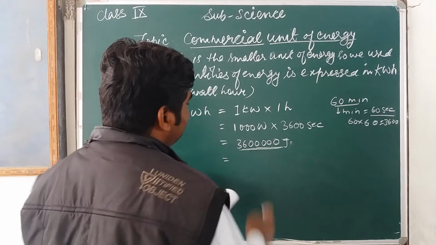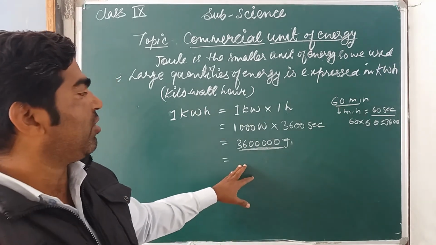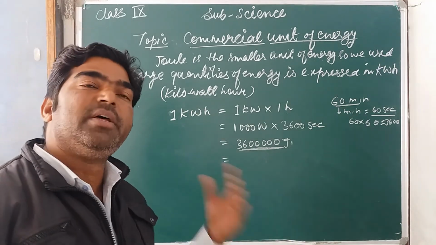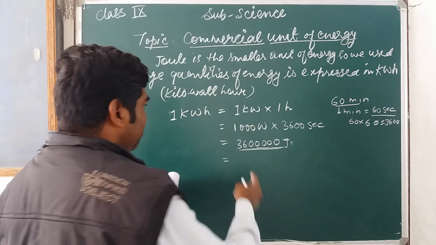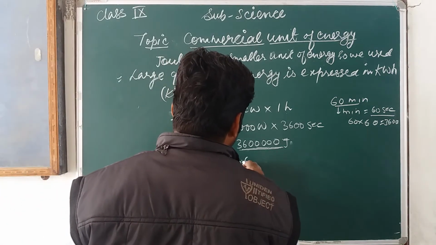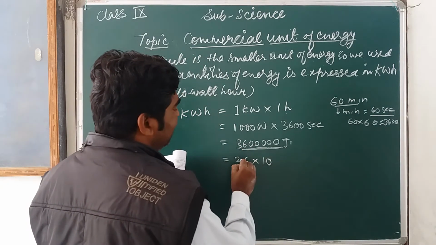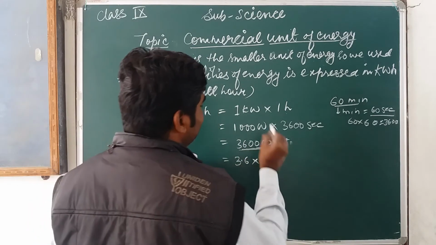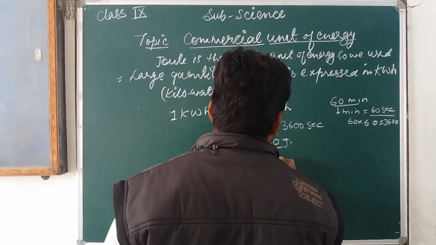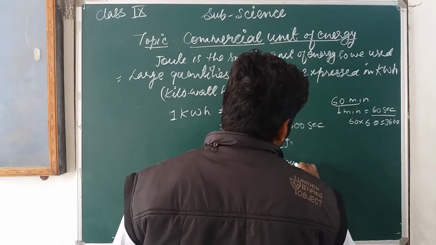Now this quantity we can express in the standard form or scientific notation. So this gives us 3.6 into 10 raised to power how much? Digits after the decimal: 1, 2, 3, 4, 5 and 6. So we can put 10 raised to power 6 joule.